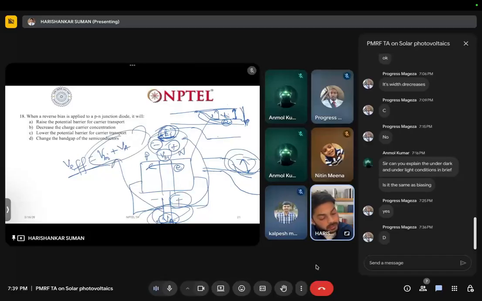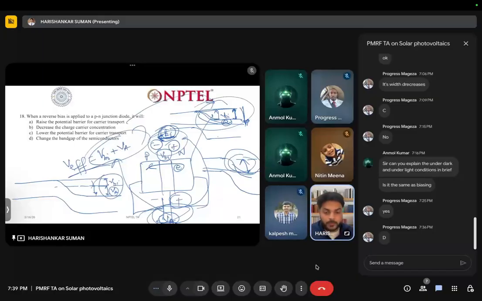So this barrier goes higher, raising the potential barrier for carrier transport. Initially this is VBI, and this is VA. That is the effective barrier. Clear?